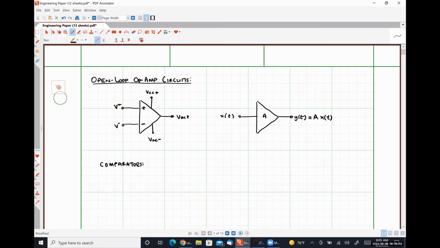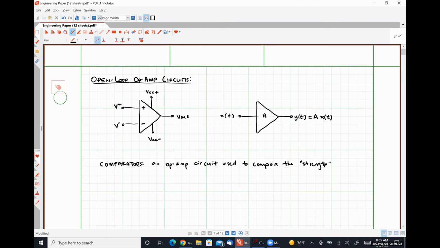So a comparator is an op-amp circuit used to compare the relative strength of an input voltage signal against a reference voltage signal.